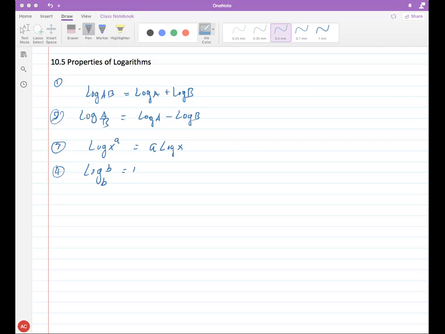You can tell why, because we said this to this power equals this. So b to the power 1 is equal to b. Okay, so that's another rule.